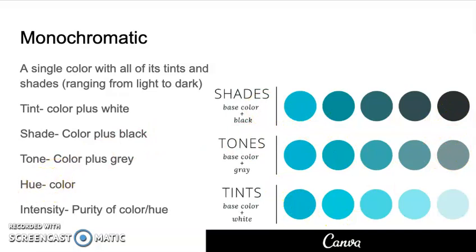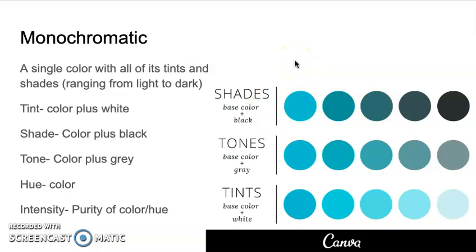The next word in this set is a hue, which is just a color. So turquoise is a hue, right? And then intensity. It's the purity of the color or hue. So this turquoise is less intense than this turquoise. Same thing here. This turquoise is less intense than this turquoise.